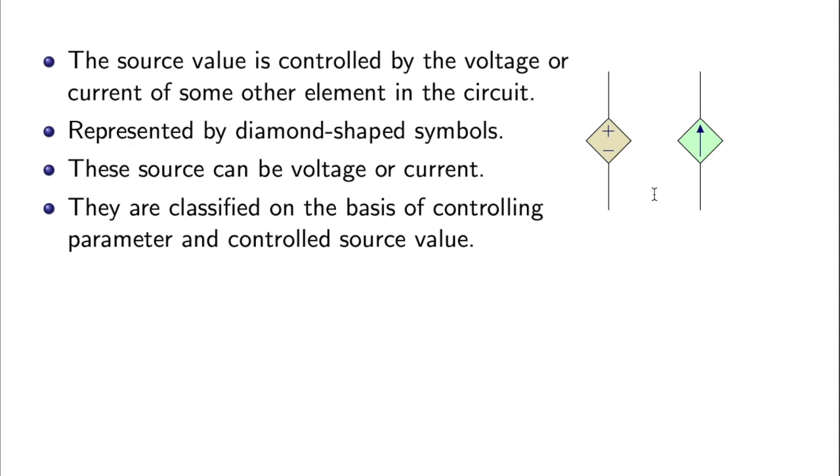When it is a controlled source or dependent source, there is a controlling parameter. The controlling parameter is the voltage or the current associated with other circuit elements. So there are two controlling parameters and two controlled parameters, which can be voltage or current.